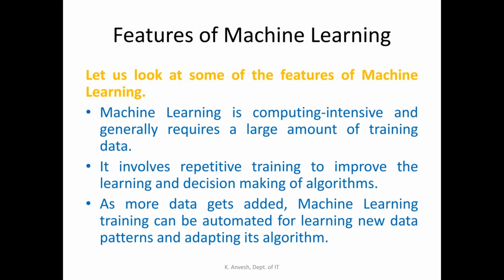Features of machine learning. Let us look at some of the features of machine learning. Machine learning is computing intensive and generally requires a large amount of training data. It involves repetitive training to improve the learning and decision-making of algorithms. As more data gets added, machine learning training can be automated for learning new data patterns and adapting its algorithm.